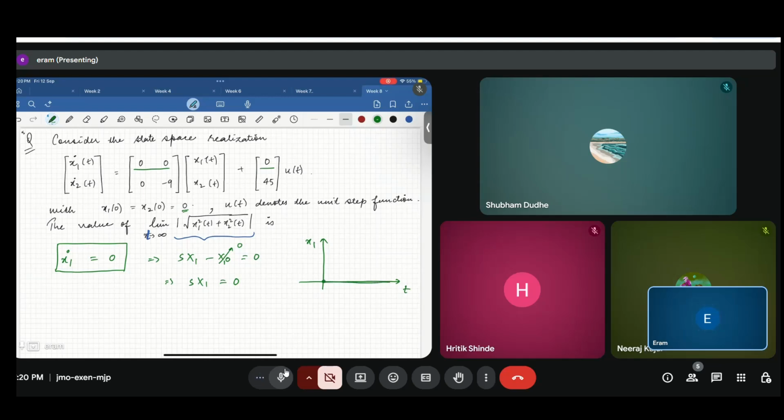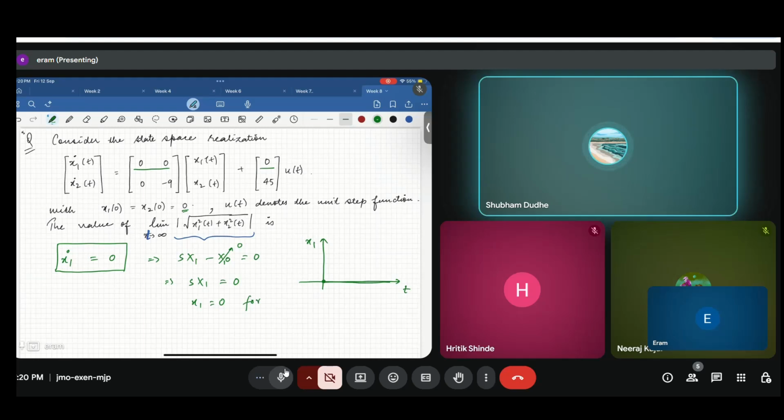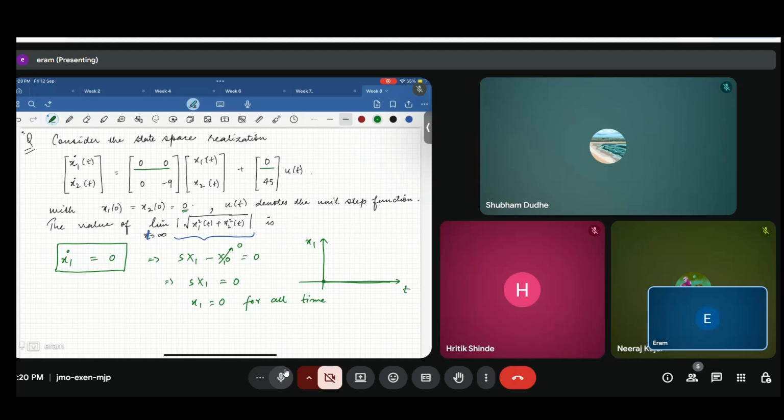Is it clear to you? This I am calculating for x1. x1 of 0 means the initial condition of x1 by this term, and it is given that it is 0. From here also you can say x1 equals 0.